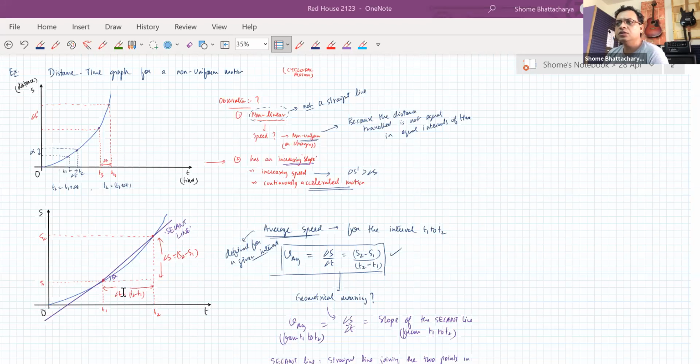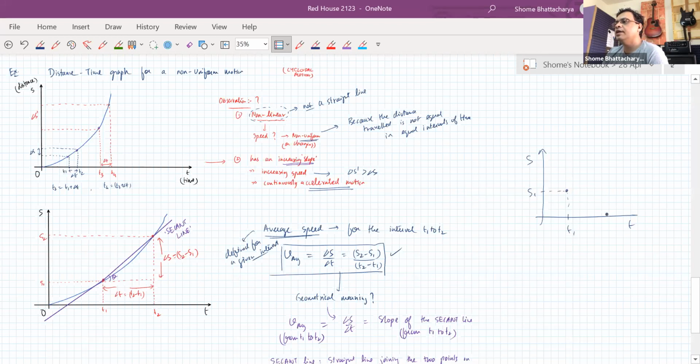Yeah, but even in the actual graph only, what do we mean by the average speed from T1 to T2? It's the same thing, delta S by delta T. Okay, so that is what becomes the interesting point. If I'm seeing these 2 specific points on the S versus T graph, that at some T1 the distance was some S1, so this point has to be there on the graph.